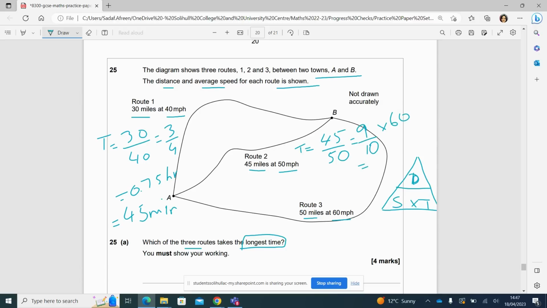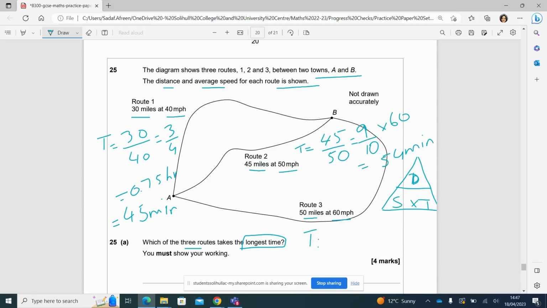In 1 hour we have 60 minutes, so 60 divided by the bottom number, 60 divided by 10, is 6. 6 times 9 is 54 minutes. So that's the time it takes to go through route 2.